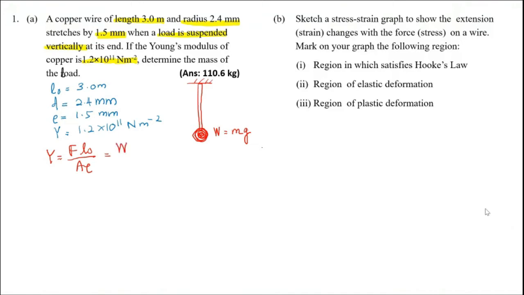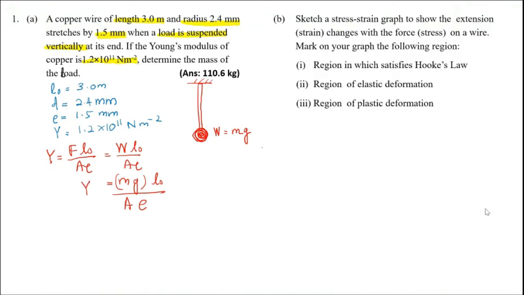So Young modulus equals weight times L naught per A times elongation. The weight is equal to mg, times L naught per A times elongation.